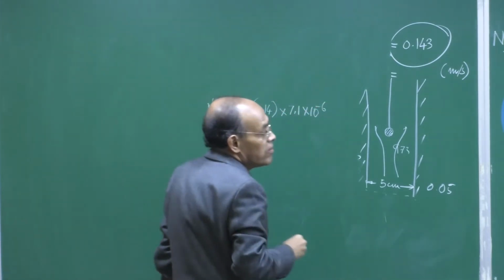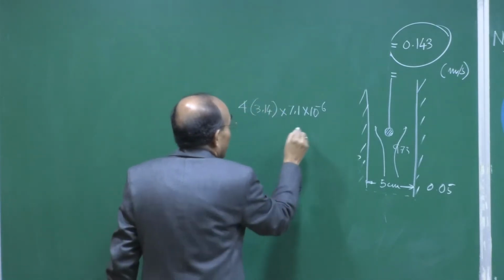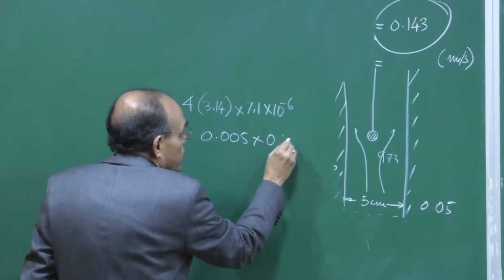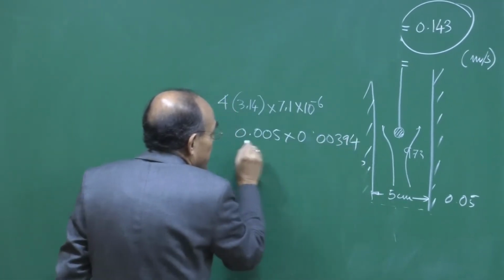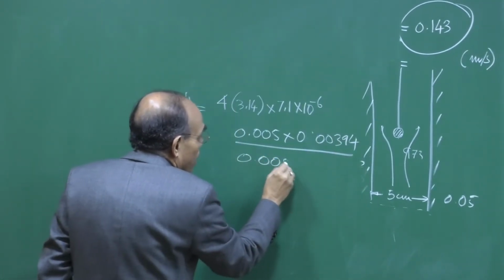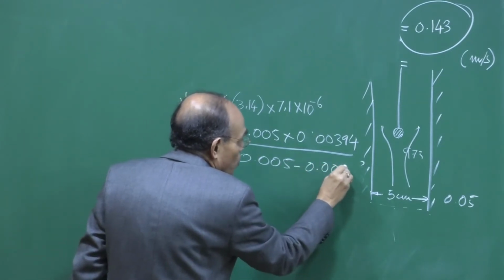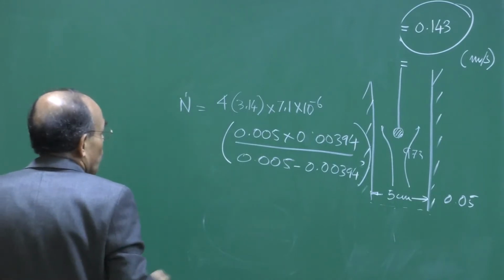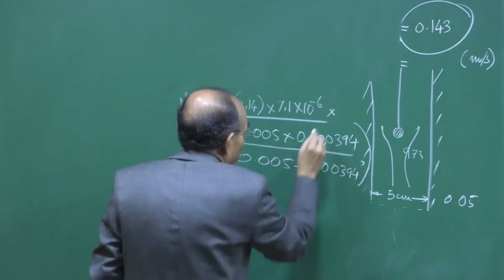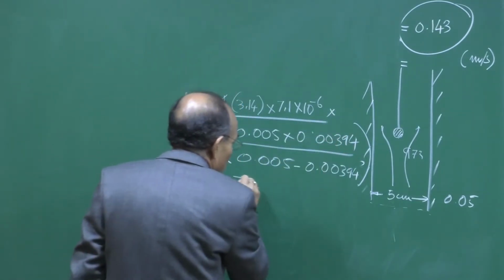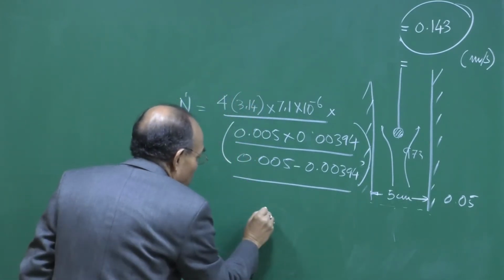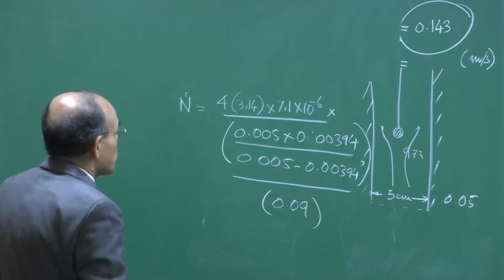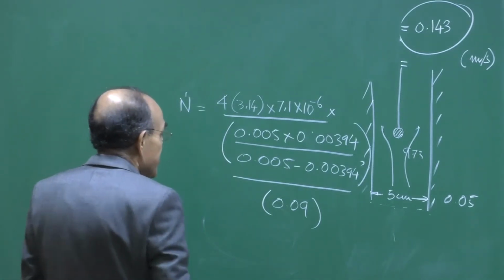Then we take R0 into Ri, that is 0.005 multiplied by 0.00394, divided by 0.005 minus 0.00394, that is the radial function. So, the first component is the diffusion term, the second is the R0 Ri term, multiplied by this 0.09, and of course we will have R and T.